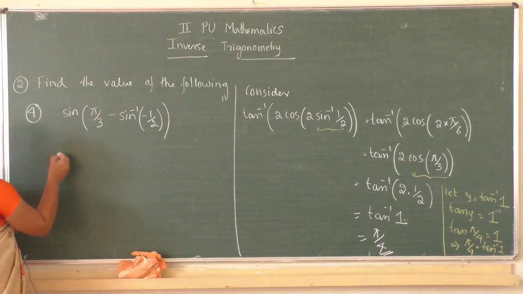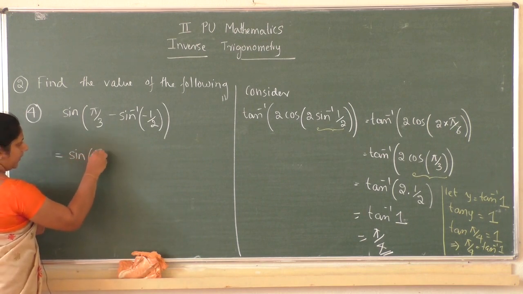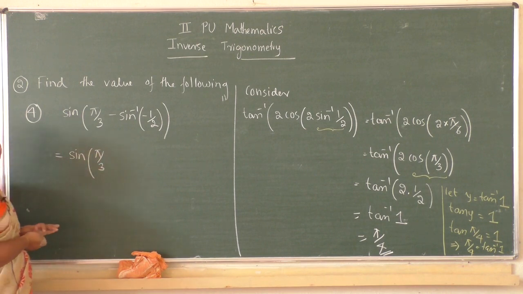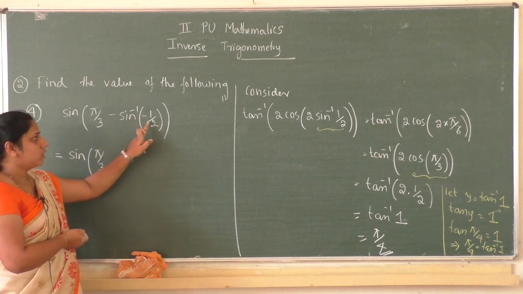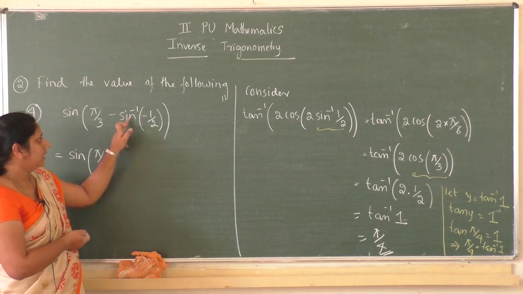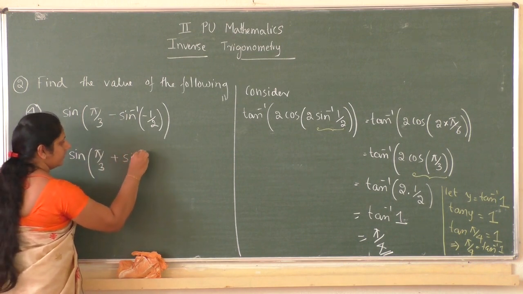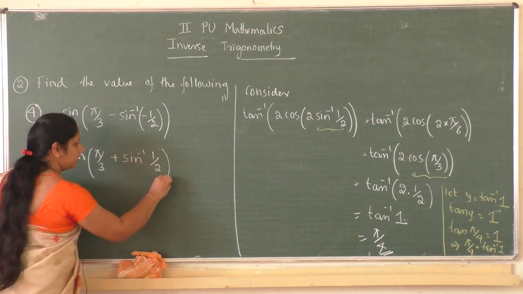See, I can write this term as sine of pi by 3. We know the property sine inverse of minus x is minus sine inverse x. So that minus into this minus becomes plus sine inverse half.